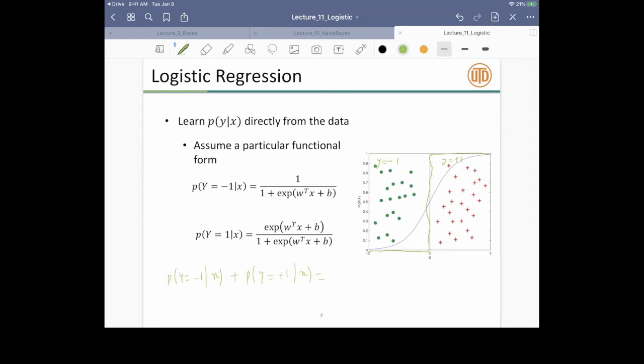Can someone tell me? What should this sum be? 1, right? Why should it be 1?